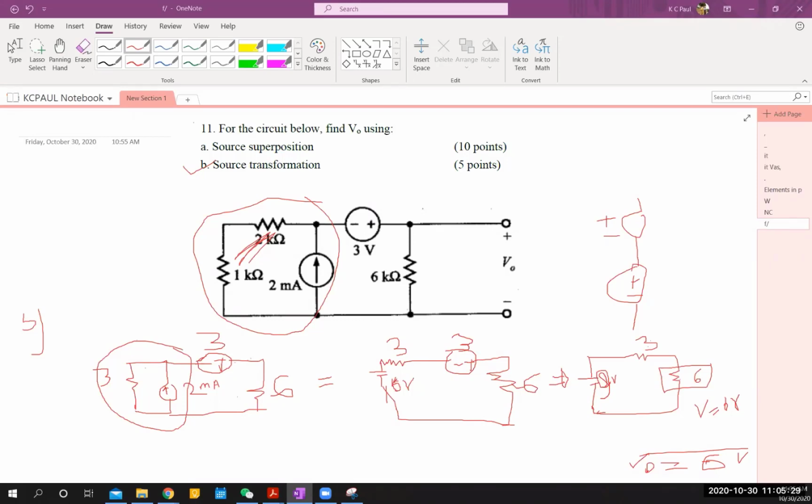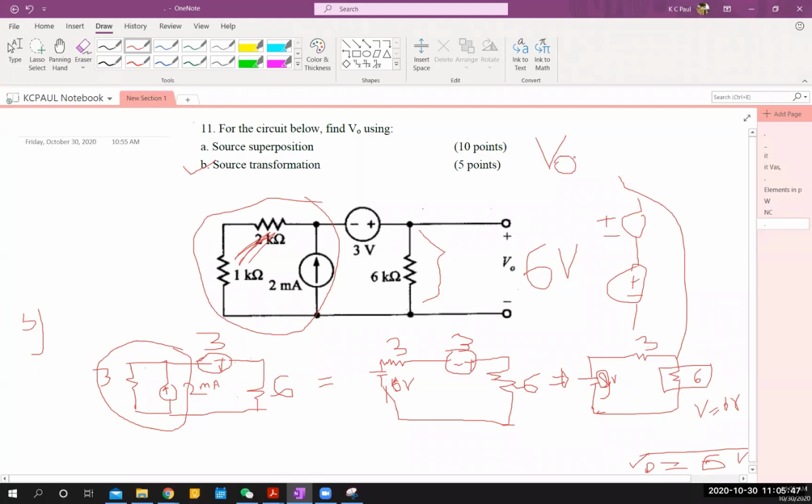So what is the answer for that one? That one is 6 volts. Yeah, 6 volts always. Same circuit, so you want to find the voltage across the same element. So you should get 6 volts, right? Just use the voltage divider rule here.